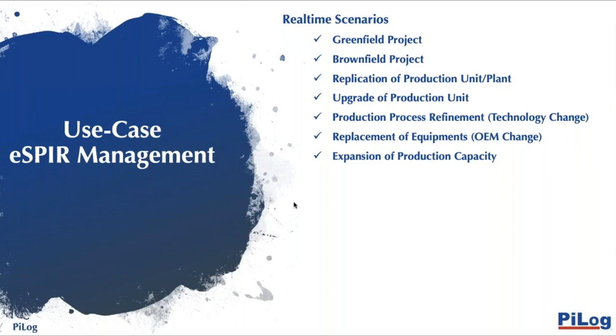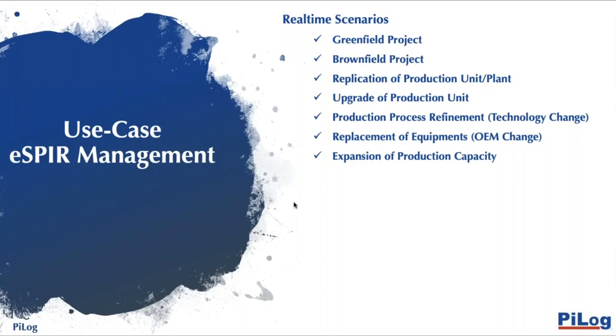Or we have also seen that many plants switch from one OEM to another OEM when it comes to those equipments, and they would like to upgrade to the new OEM because of, again, a process requirement, process change, or a production change, or product change, whatever it could be. So in those cases as well, ESPIR would make absolute sense.